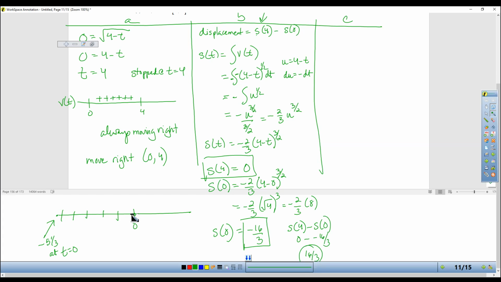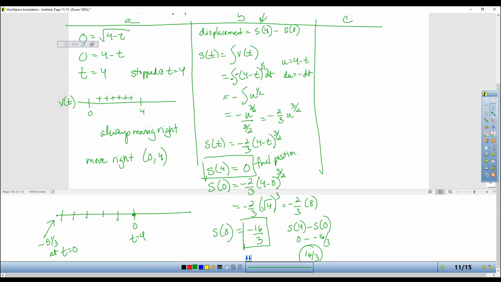It moved forward, which makes sense. This is where it was at 0. This is where it is at 4. It moved forward 16/3. It does ask for what was its final position. So this answer will work for that. Its final position was 0.